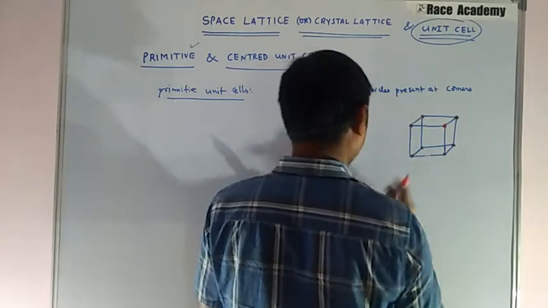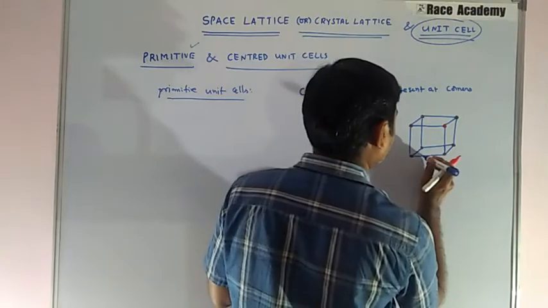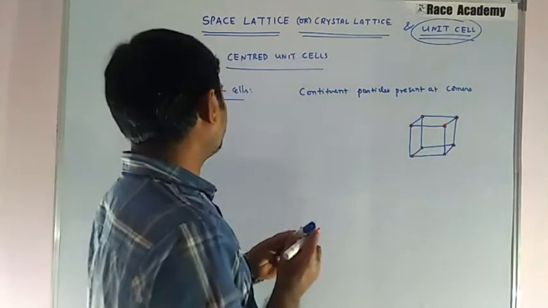Only at corners, if it is there, then you will call it a primitive unit cell.